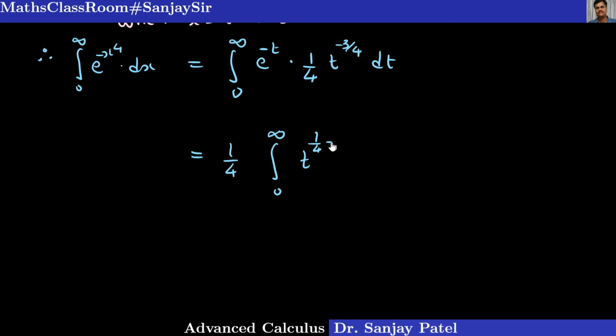Yes, 1 by 4 minus 1, like this. This is minus 3 by 4 into e raised to minus t dt. And this is nothing but gamma of 1 by 4 by definition of gamma function. So this is gamma of 1 by 4. So the result is proved. Okay.